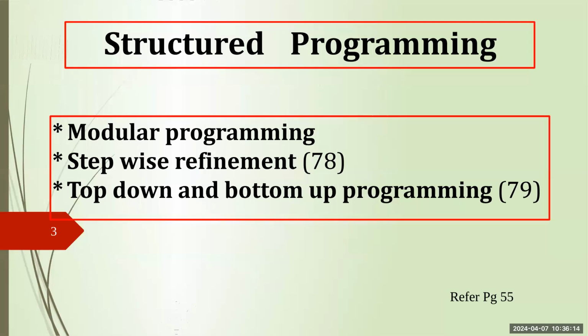I will explain now structured programming. In structured programming, we divide a huge design into modules, that means some smaller sections called modules. These modules are further divided until the small module can be written clearly.